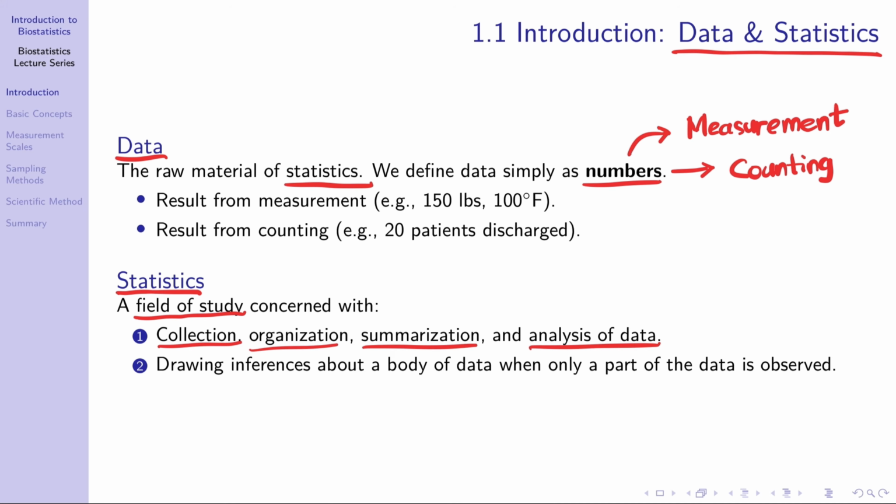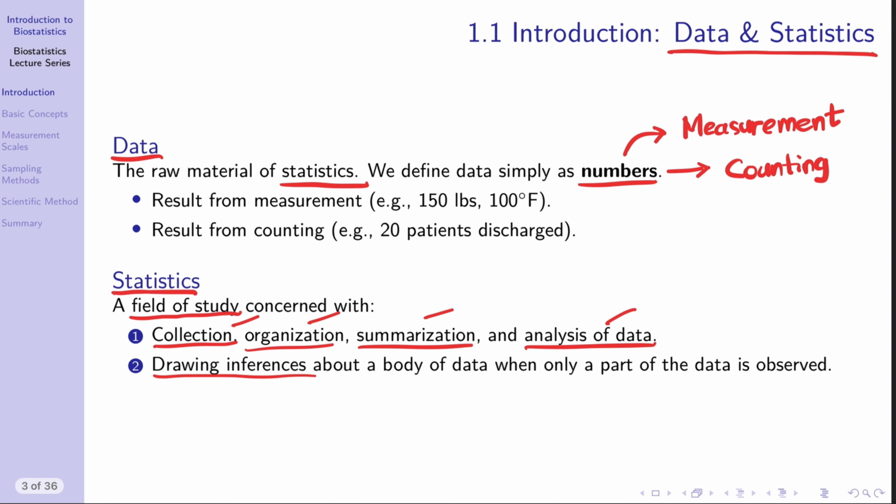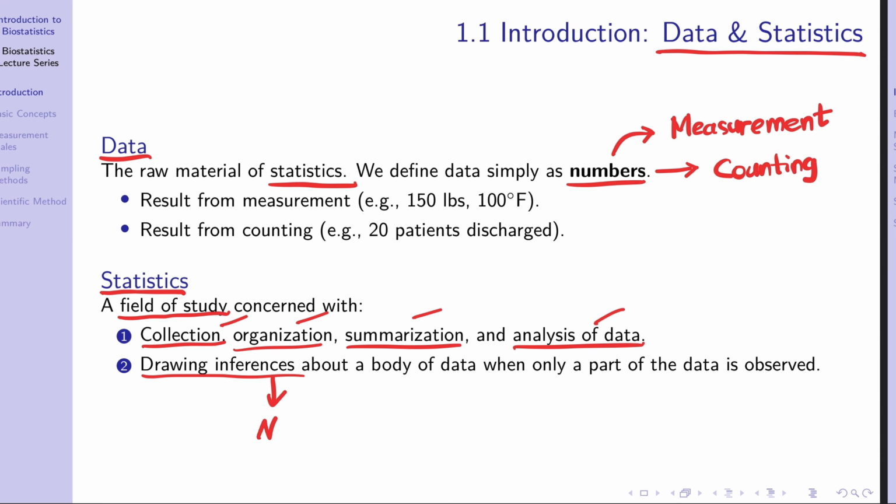What do we do once we collect, organize, summarize, and analyze the data? We try to make some decisions, which is what is written here as drawing inferences. Drawing inferences is basically making decisions from the data when only a part of the data is being observed.